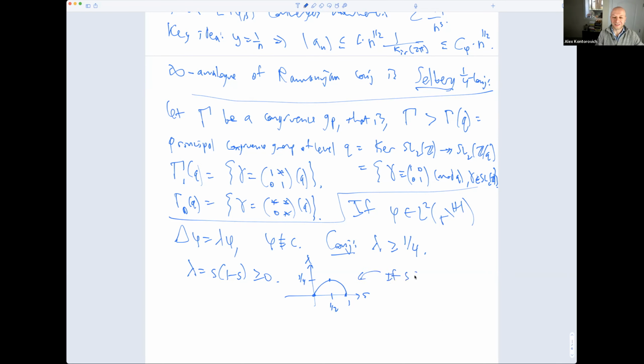So the idea is to take it to the complexes. The only other option is that s and 1 minus s are conjugate. So s is 1/2 plus ir, in which case 1 minus s is 1/2 minus ir, and s times 1 minus s is a quarter plus r squared.